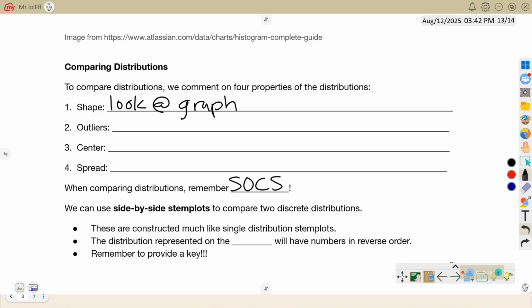The next one is outliers. Have we heard that word before? Some of us, yes. Some of you are blank staring at me like I'm speaking Greek. So, to clarify, outliers are data points that don't follow the pattern of the rest of the data.